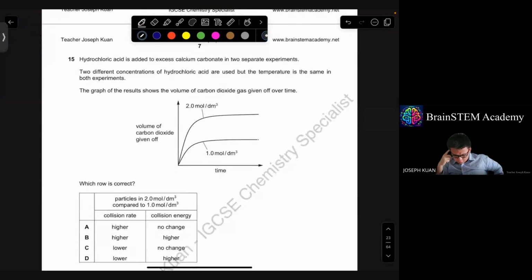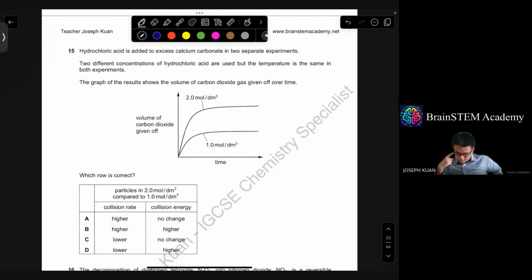Next question. Hydrochloric acid is added to excess calcium carbonate in two separate experiments. Two different concentrations of hydrochloric acid are used, but the temperature is the same in both experiments. The graph of the results shows the volume of carbon dioxide gas given over time. Which row is correct? We are comparing the higher concentration to the lower concentration.